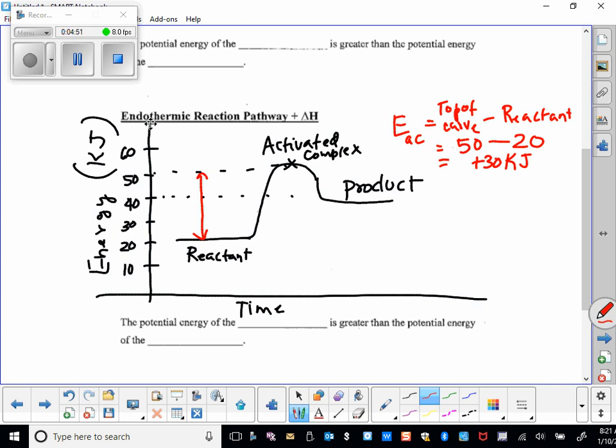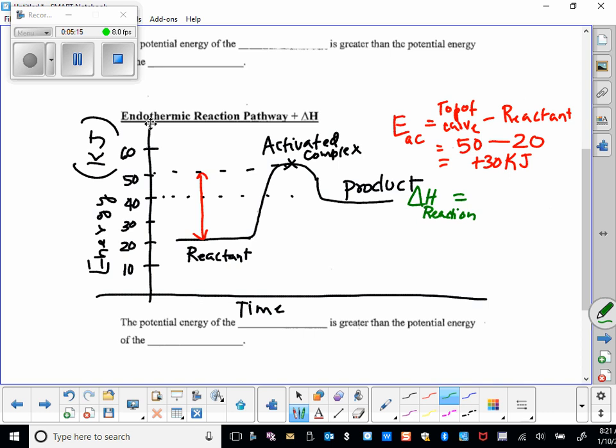Yeah. Now I want to calculate the heat of reaction, delta H reaction. As the reaction is proceeding and reactants are becoming products, how much energy is released or absorbed? How will I calculate the heat of a reaction? What minus what?